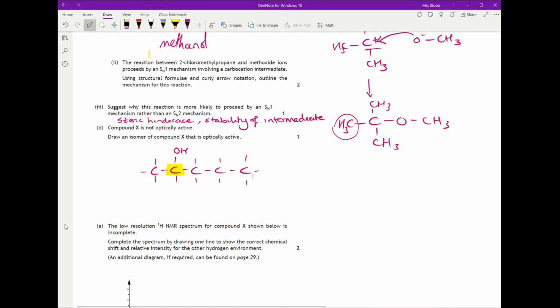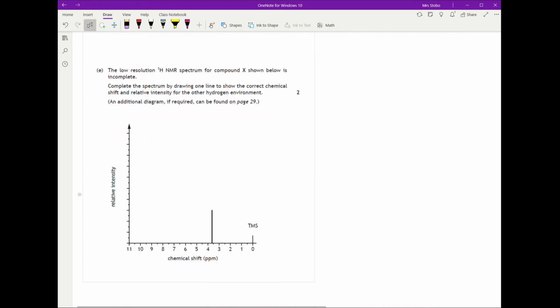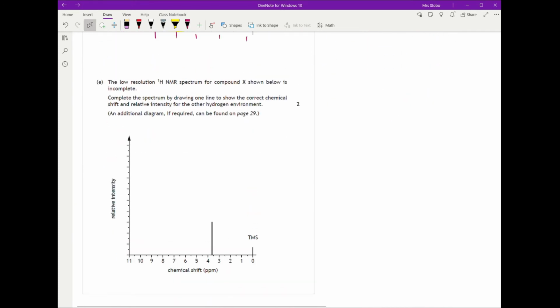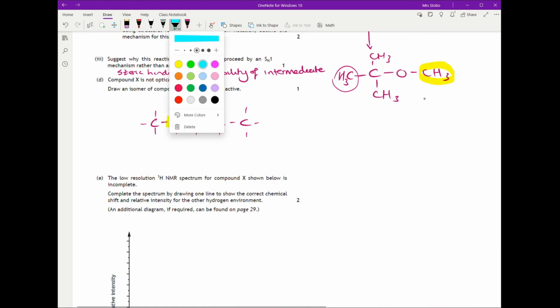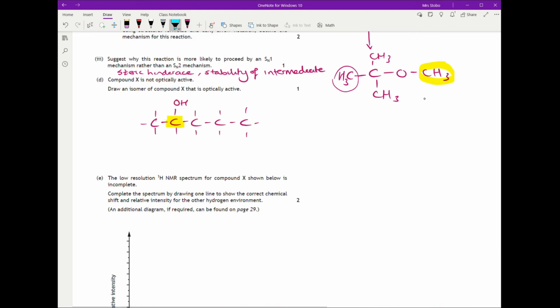Okay. Low-resolution NMR for compound X. Here we've got this one. Complete the spectrum by drawing one line to show the correct chemical shift and relative intensity for the other hydrogen environment. So in terms of hydrogen environments, we have 3 hydrogens in this environment, and then we have 3 here, and 3 here, and 3 here, which are all in the same environment.